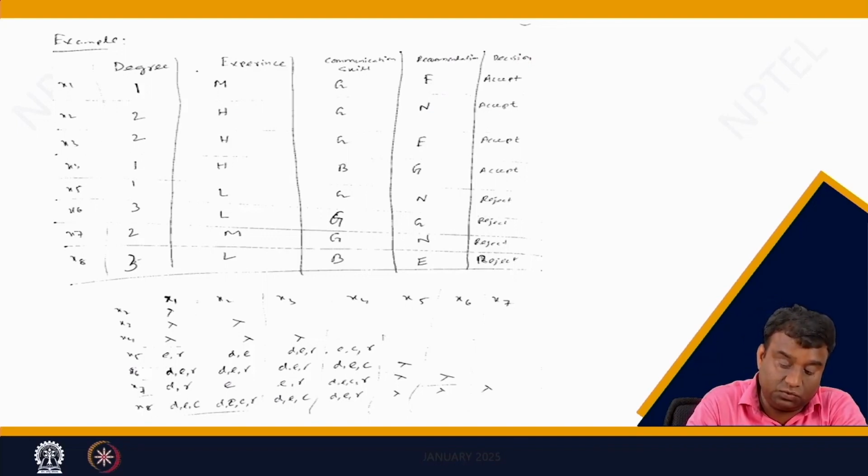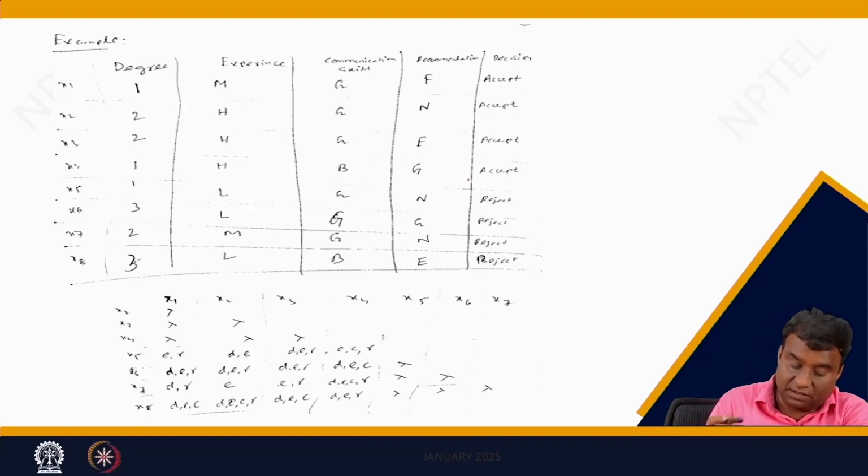For x3, degree is 2, experience is H, communication skill is Z, recommendation is E, accept. For x5, you can write 1 L G N, reject. For x6, 3 L G G, reject. For x7, 2 M G N, reject. For x8, 3 L B E, reject.